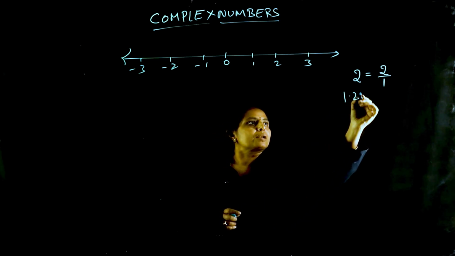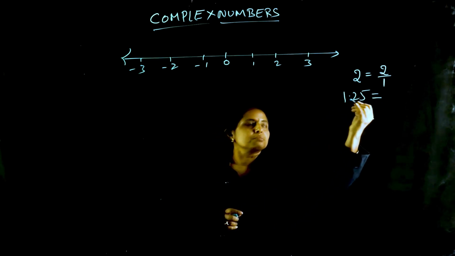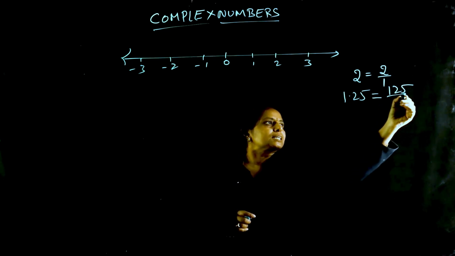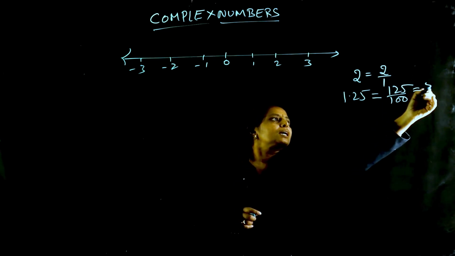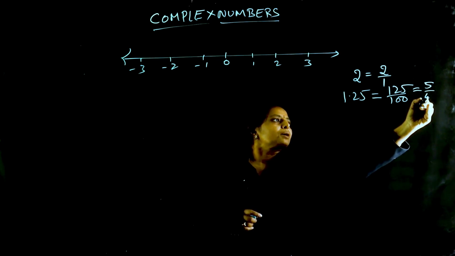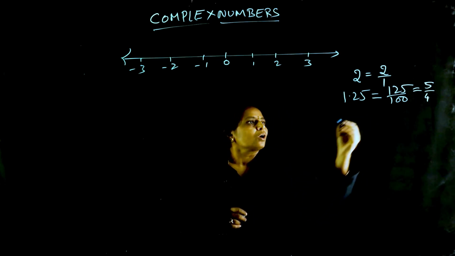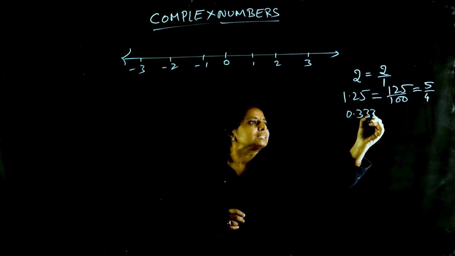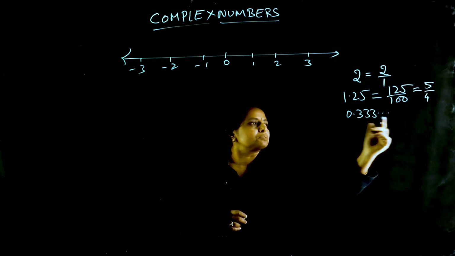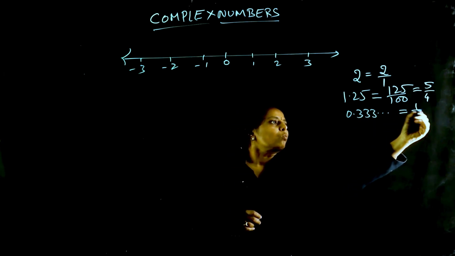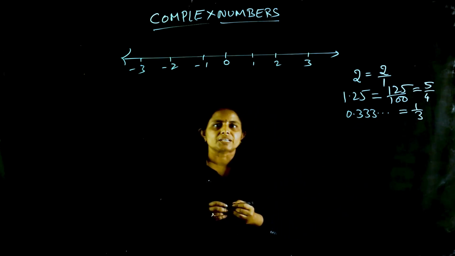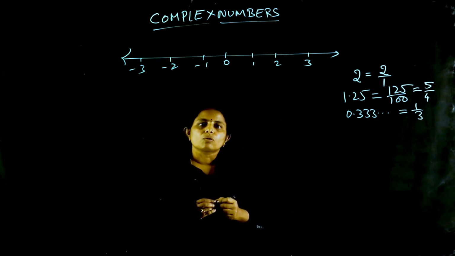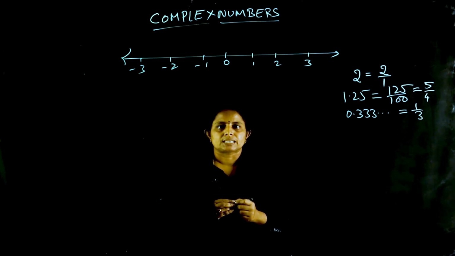Suppose we have 1.25, which is in decimal notation, can be written as 125 by 100, in its simplest form it is 5 by 4, a rational number. Or if we have 0.333 so on, which is a recurring decimal, can be written as 1 by 3, which is a rational number.